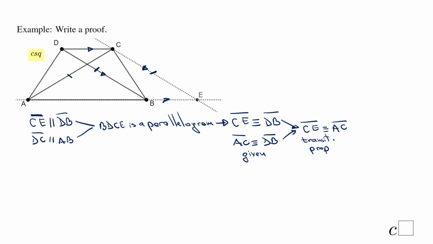But what does it mean if AC is congruent with CE? It means that triangle ACE is an isosceles triangle, which means the base angles are congruent. These two angles are congruent. Good.